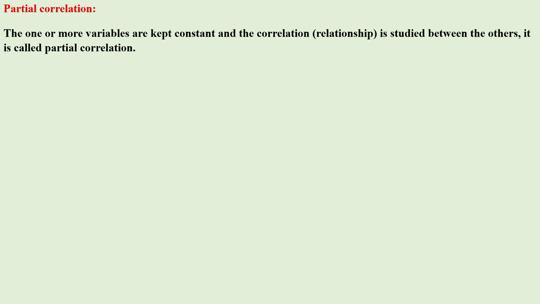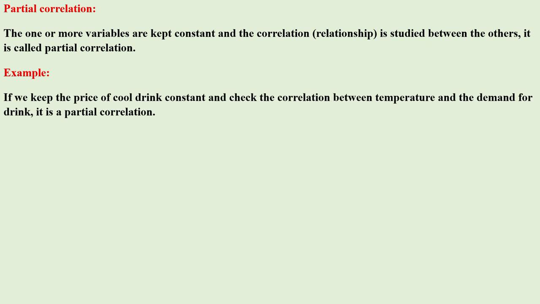If you keep soil quality, rainfall, and manure constant, and consider the correlation between yield and temperature, keeping the remaining all constant, then it is called partial correlation. If we keep the price of cool drinks constant and check the correlation between temperature and demand for the drink, it is a partial correlation.